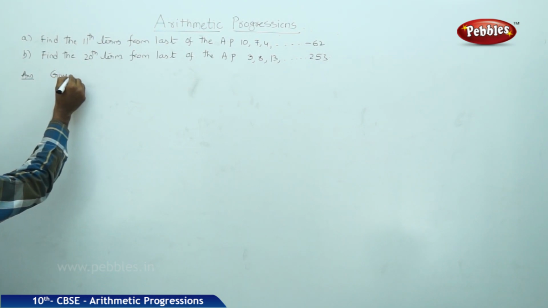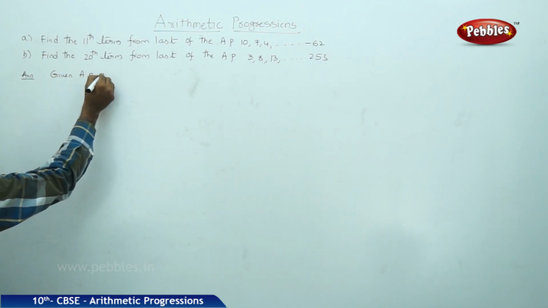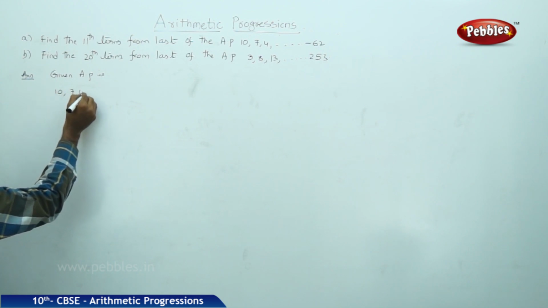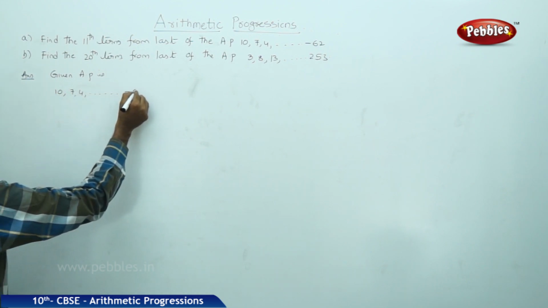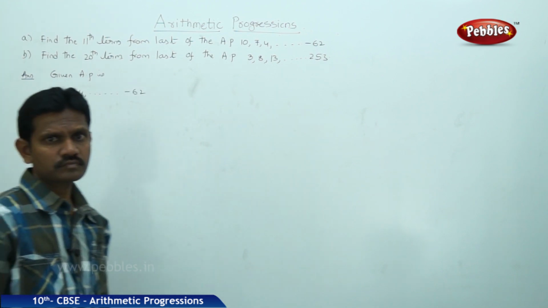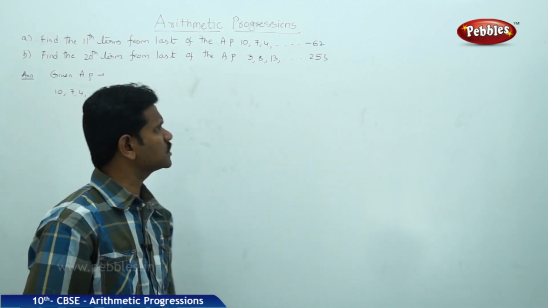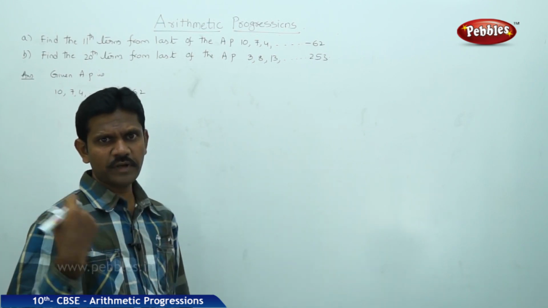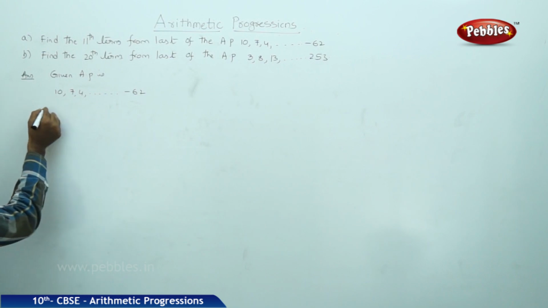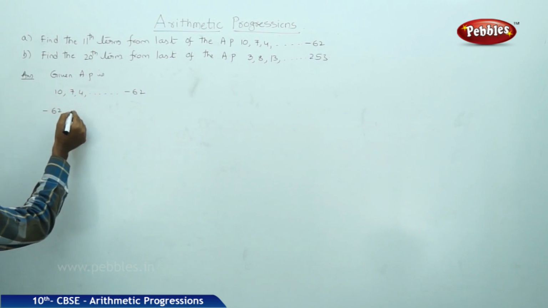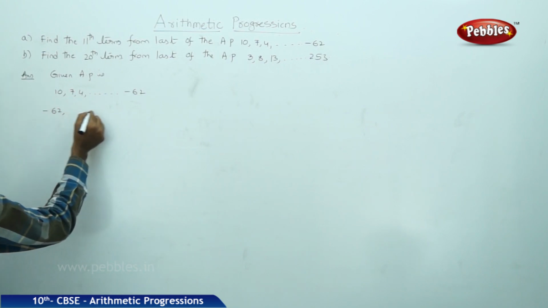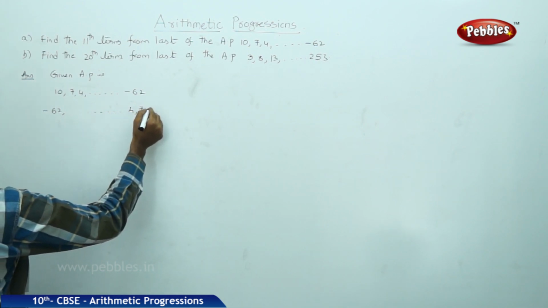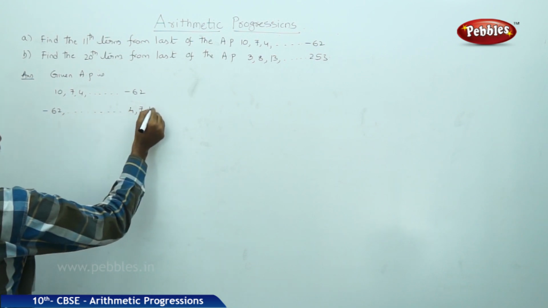Given AP is 10, 7, 4 and so on minus 62. Now what we have to do in this process is we have to write from the back to the front, that is minus 62 and so on 4, 7, 10.